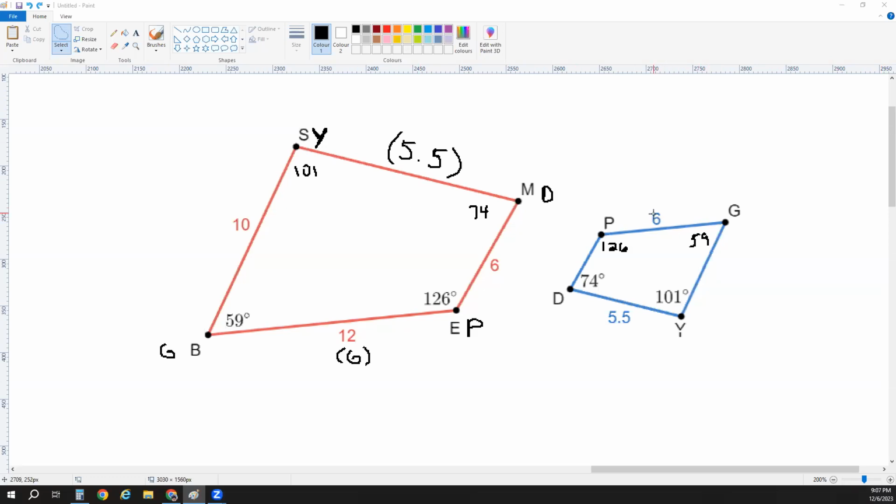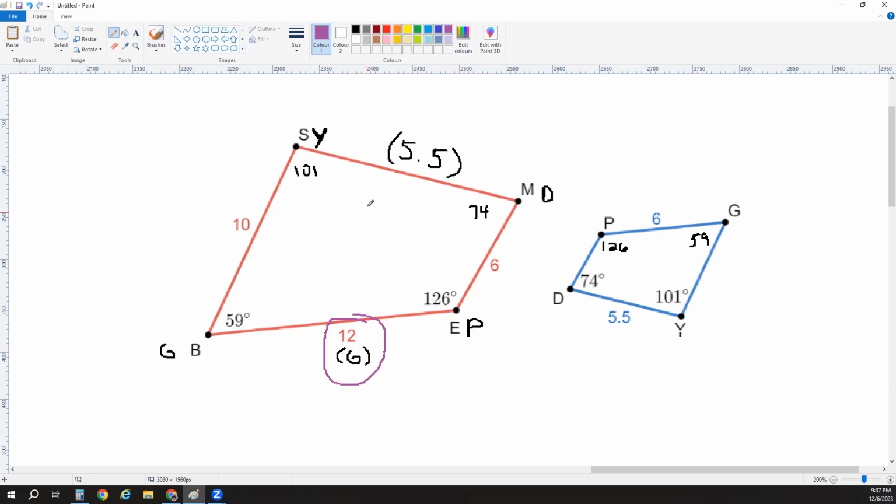All right, so this is a little bit backwards. It's kind of like a scale factor thing. So what is the proportion? Well, the only real proportion I'm given is right here. Is this one.